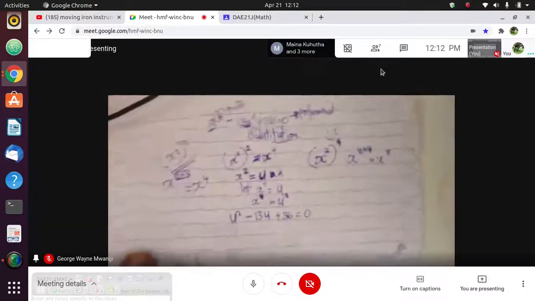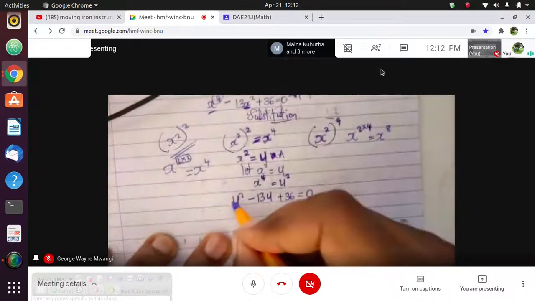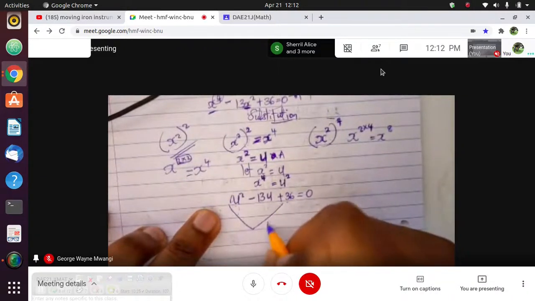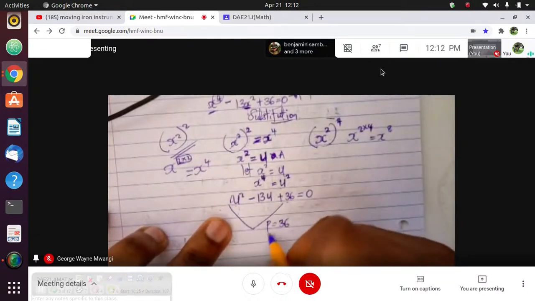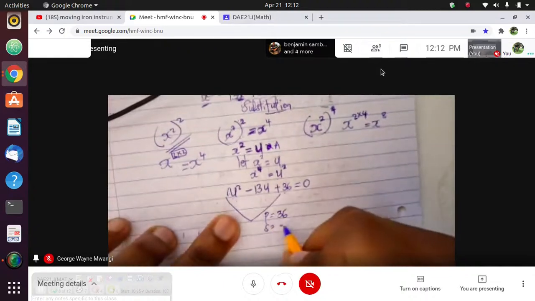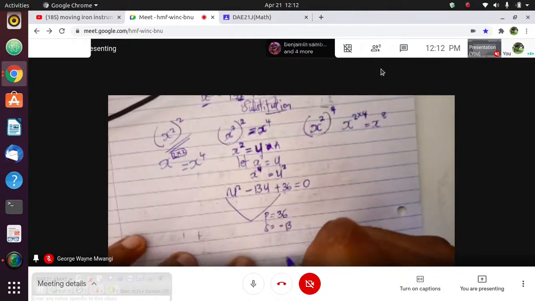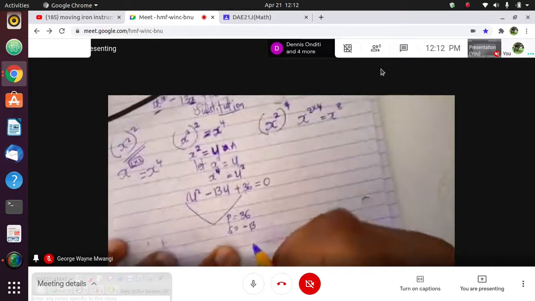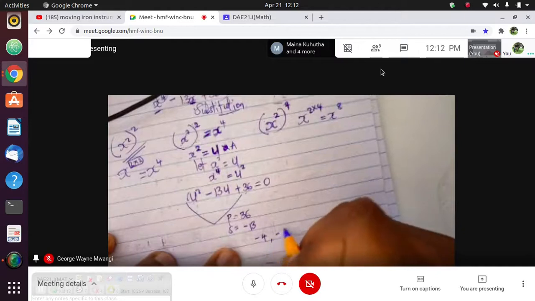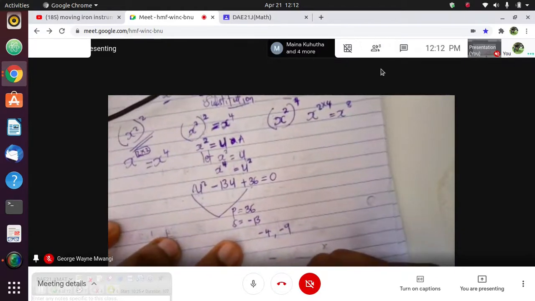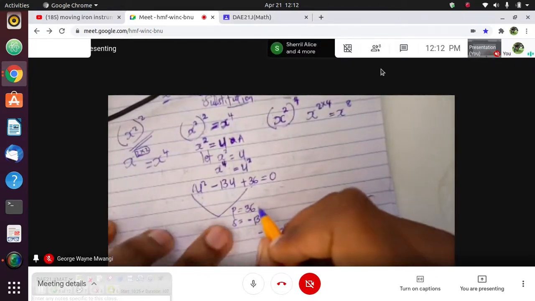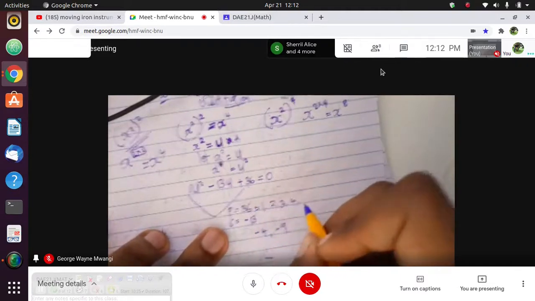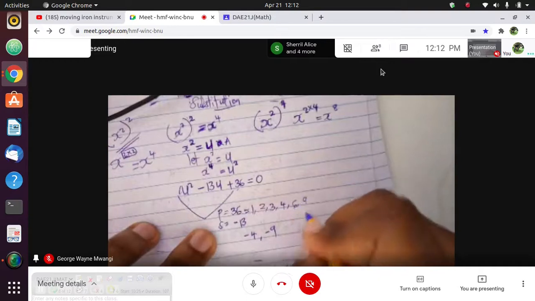Let us look at this equation. Which number will I multiply to get the product equal 36, and the sum of that number will give me minus 13? Minus 4 and minus 9. Are we together? The factors of 36 tulikuwa tumezitaja before: 1, 2, 3, 4, 6, 9, and so on.